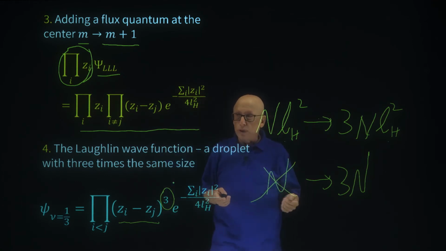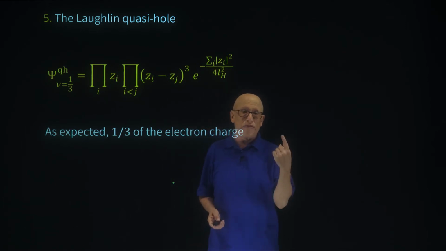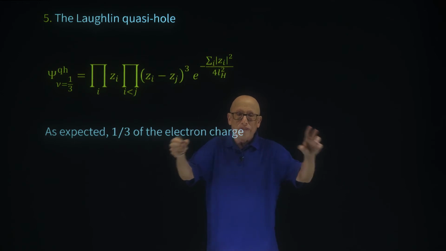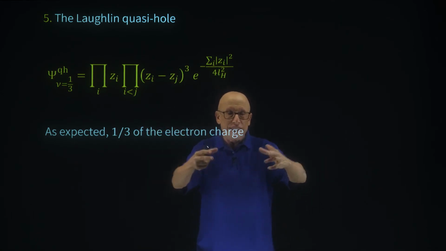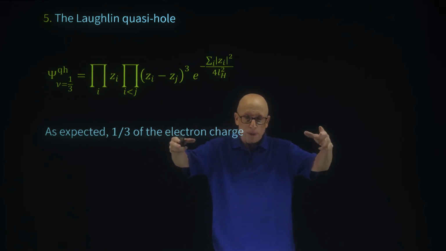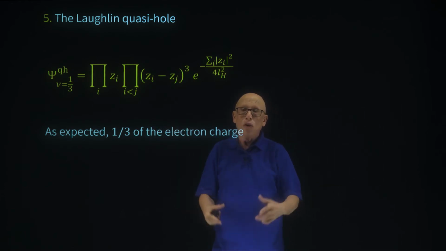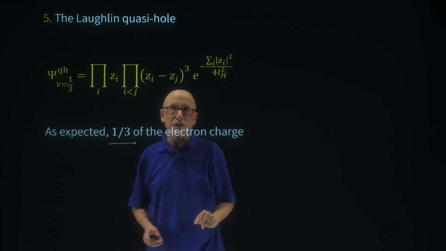And the first thing we'll do is, as we did for nu equals 1, ask what happens if we insert a flux quantum at the center of the droplet and shift each m to m plus 1? Well, we just change the size of the droplet by 1 unit of angular momentum, which corresponds in nu equals 1/3 to 1/3 of an electron charge.